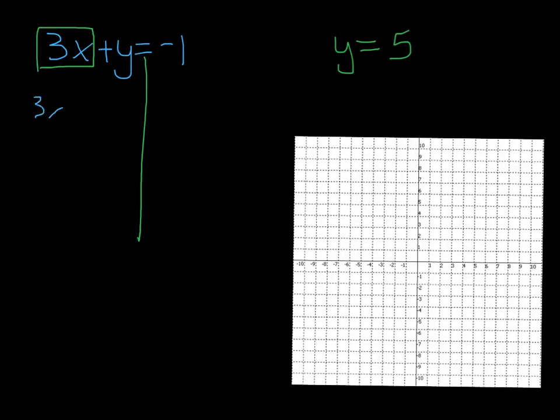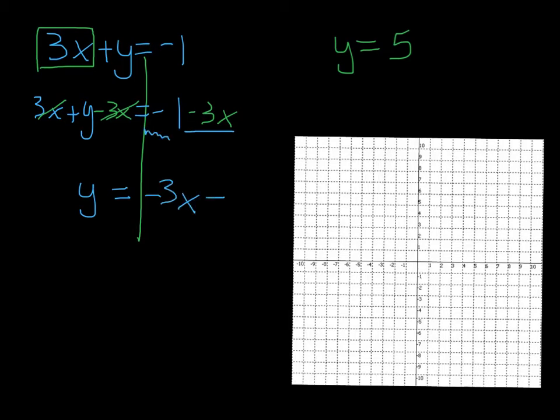So 3x plus y equals negative 1. Subtract 3x and subtract 3x. So y equals, now if we write our slope first, it's negative 3x, and then our y-intercept is negative 1. So we had to solve it.